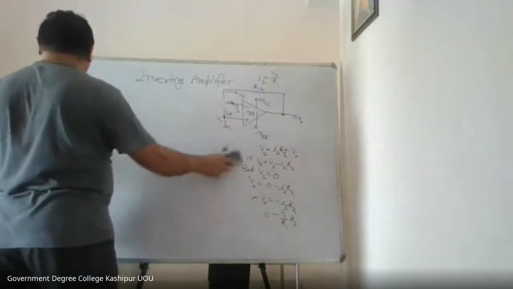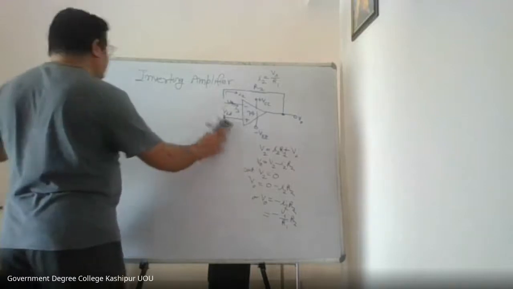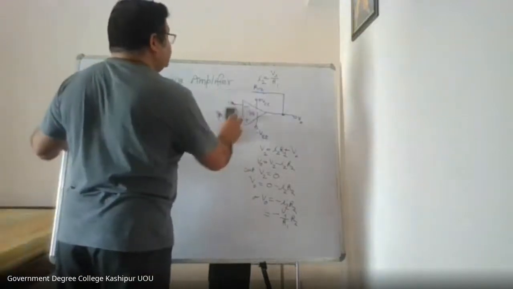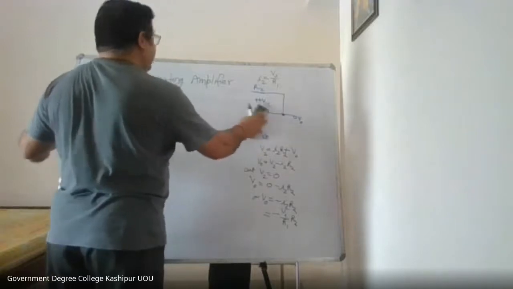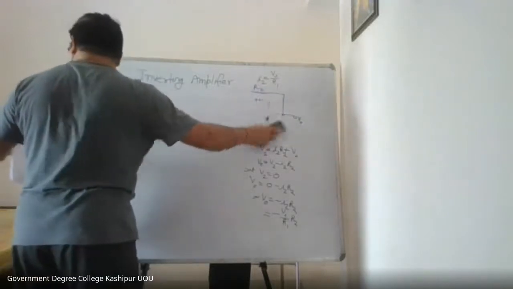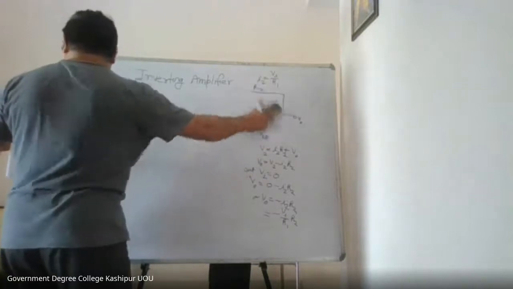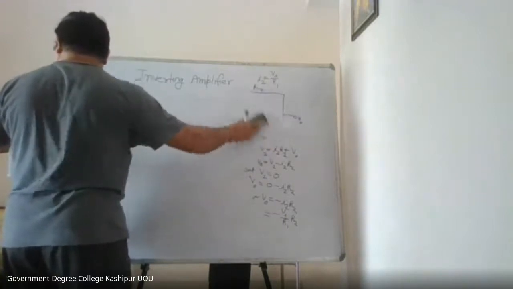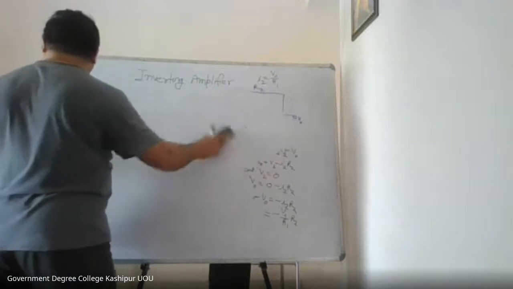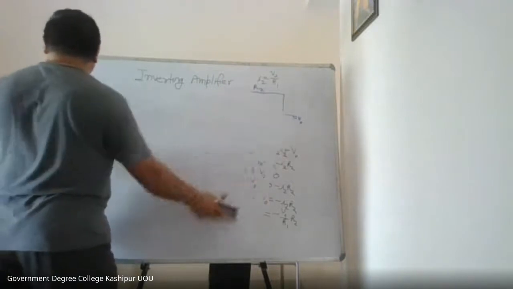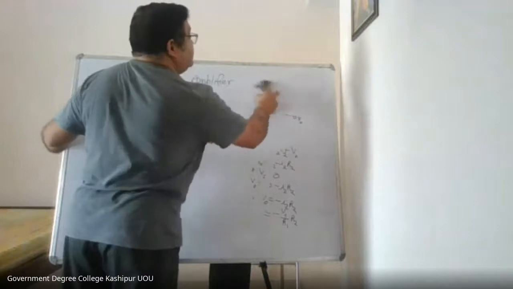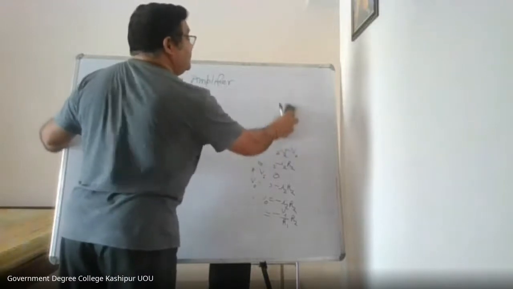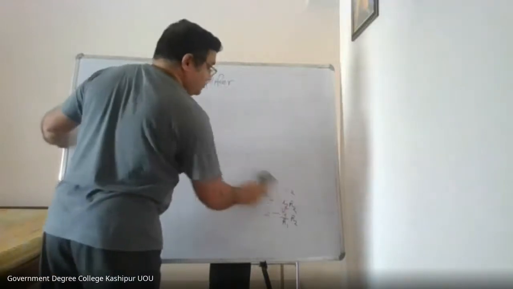The input signal is applied at non-inverting terminal, and the inverting terminal is grounded. Clear? And the output of the non-inverting amplifier will be in phase with input. There will be no phase difference between output and input.